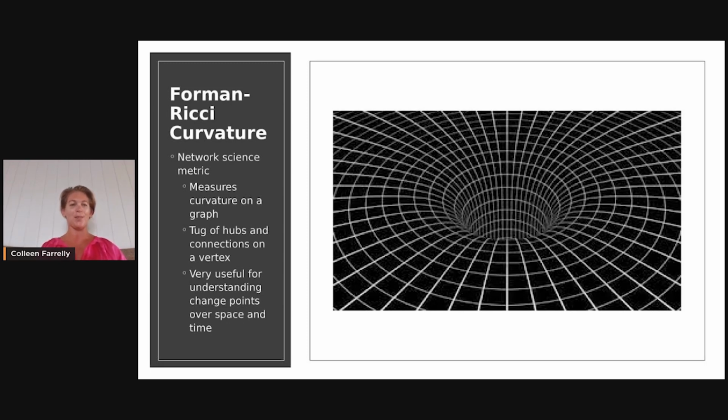The same thing happens in networks. When we have a lot of things that are connected in the same area of the graph, processes that happen on a graph tend to get pulled into there. So if you're looking at marketing campaigns, it tends to clump around that area. If you're looking at epidemics, that's typically where you're going to find a lot of cases. And in general, this is a very useful tool for understanding change points and behavior over time on graphs.